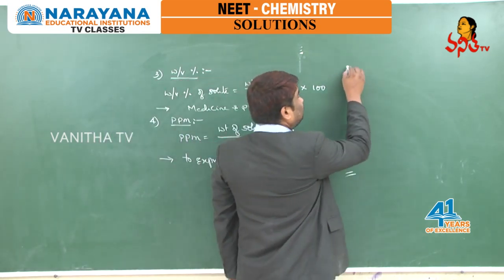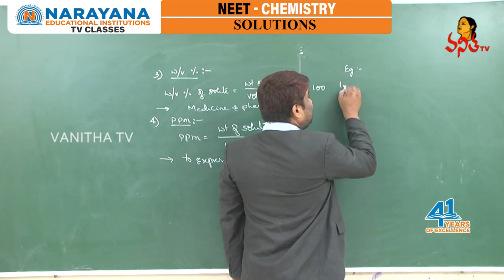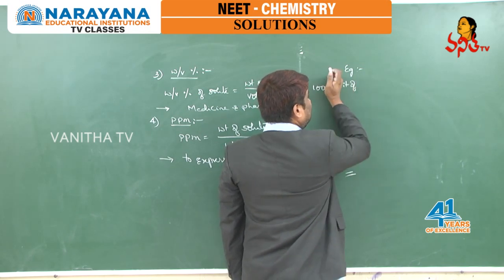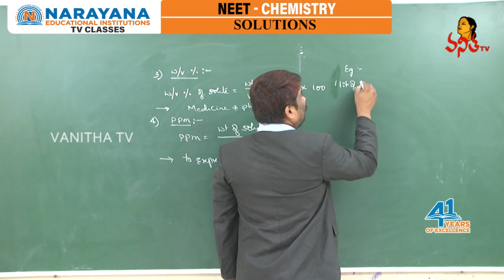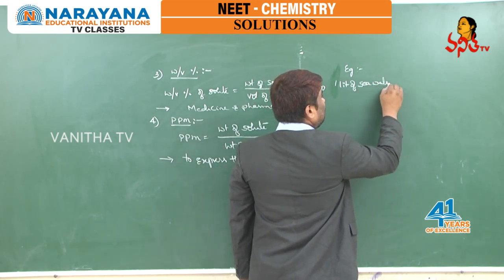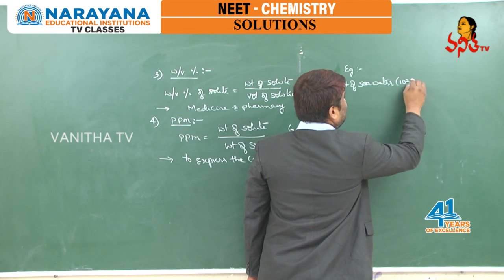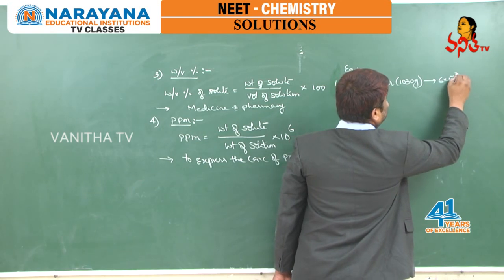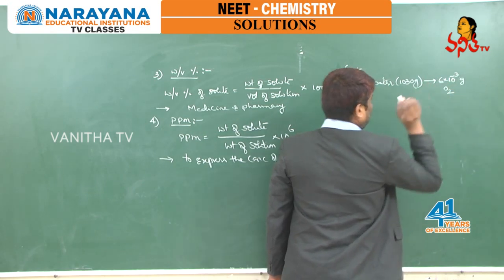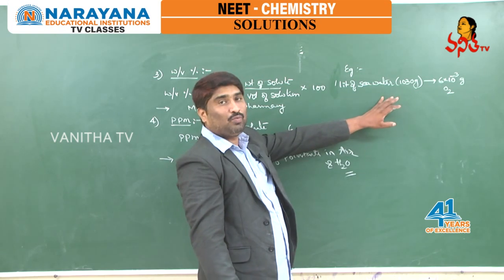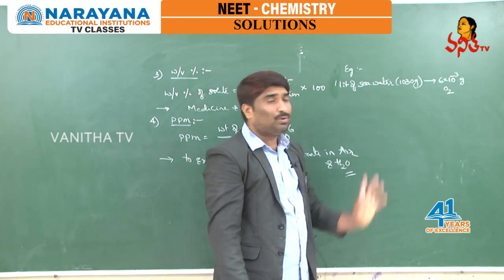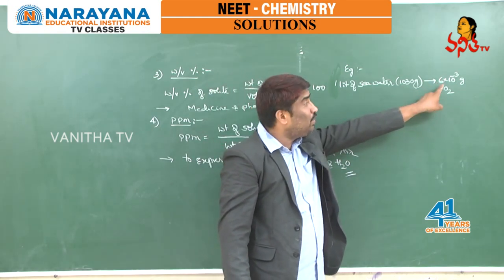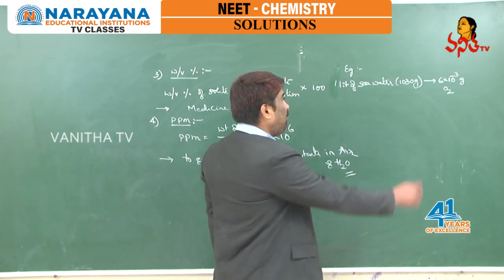For example, 1 liter of seawater, which weighs 1030 grams, contains 6 into 10 power minus 3 grams of dissolved oxygen. That means the quantity of oxygen is very small. In order to increase the value, we express it in terms of ppm.